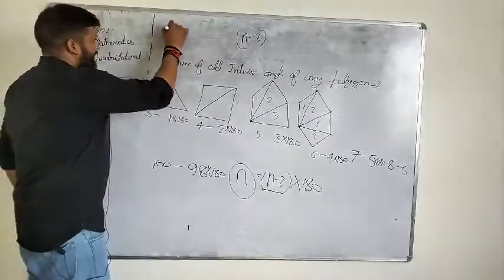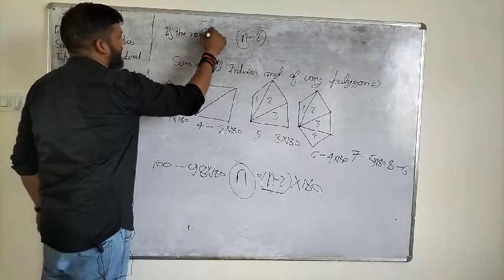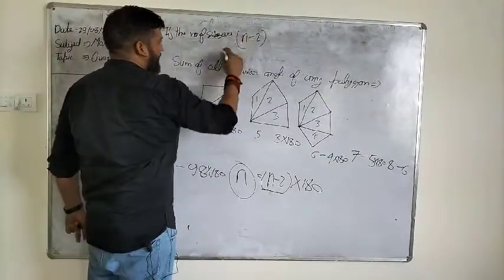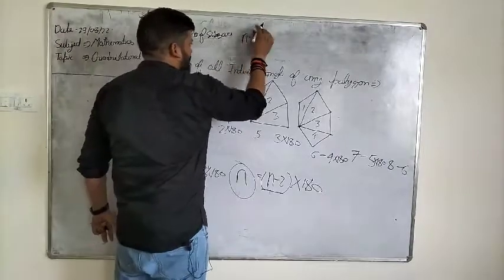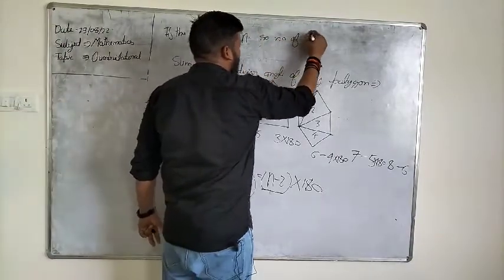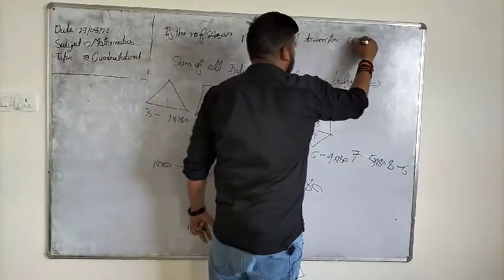If the number of sides is n, the number of triangles is n minus 2.